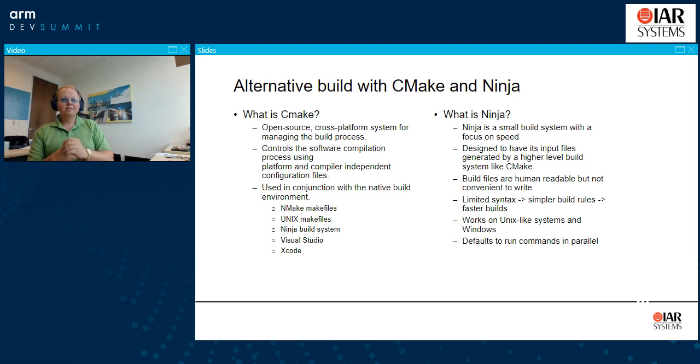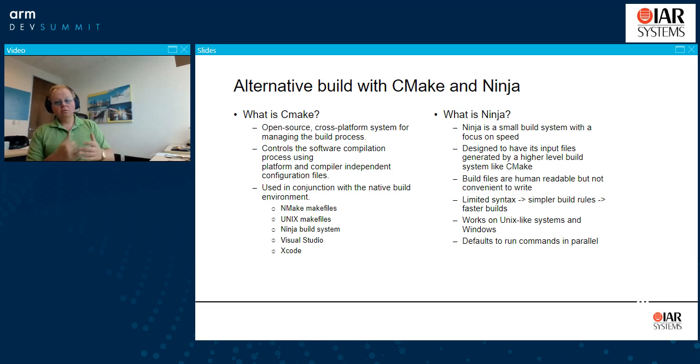By using CMake instead of IARBuild, it consolidates the number of build systems they have, so it's a little easier to contain and control. That's why sometimes customers prefer CMake, because it makes it easier to learn one build system as opposed to maintaining multiple build systems.